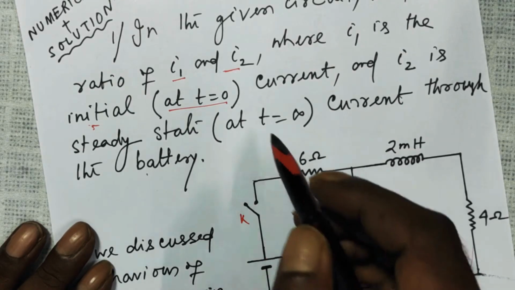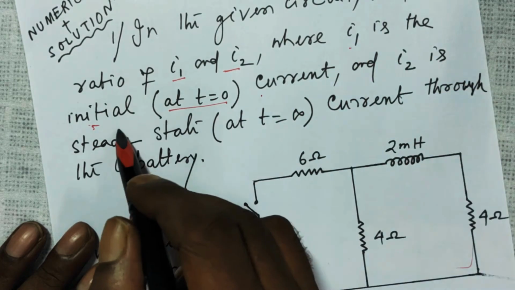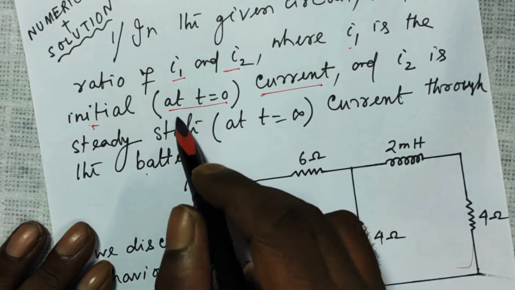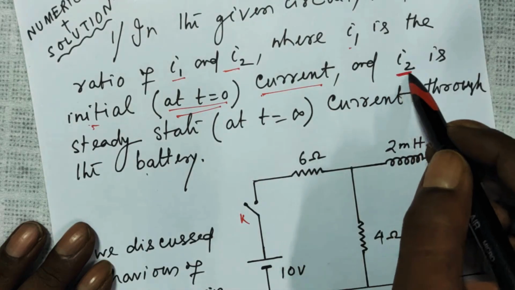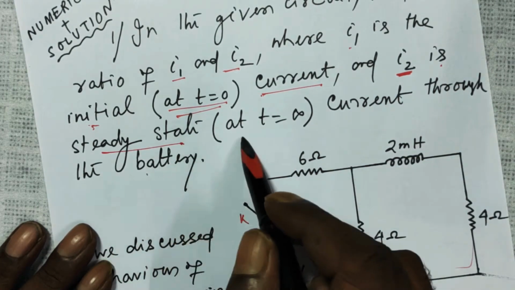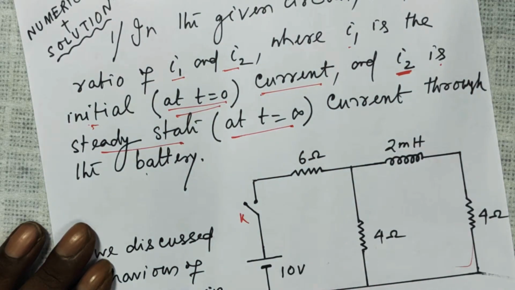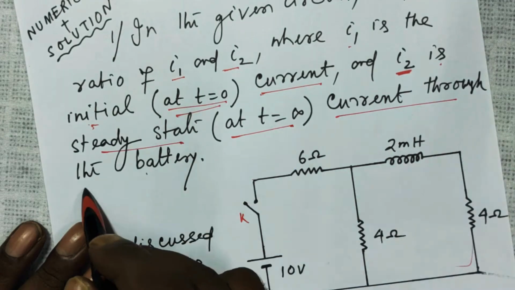And that is I1, the initial current at t is equal to 0, and I2 is the steady state. Steady state means at t is equal to infinite, current through the battery.